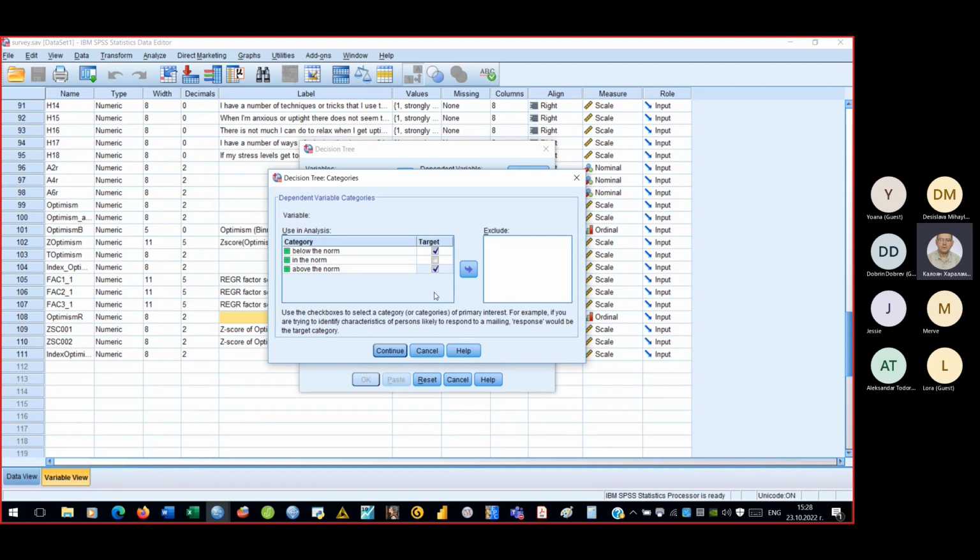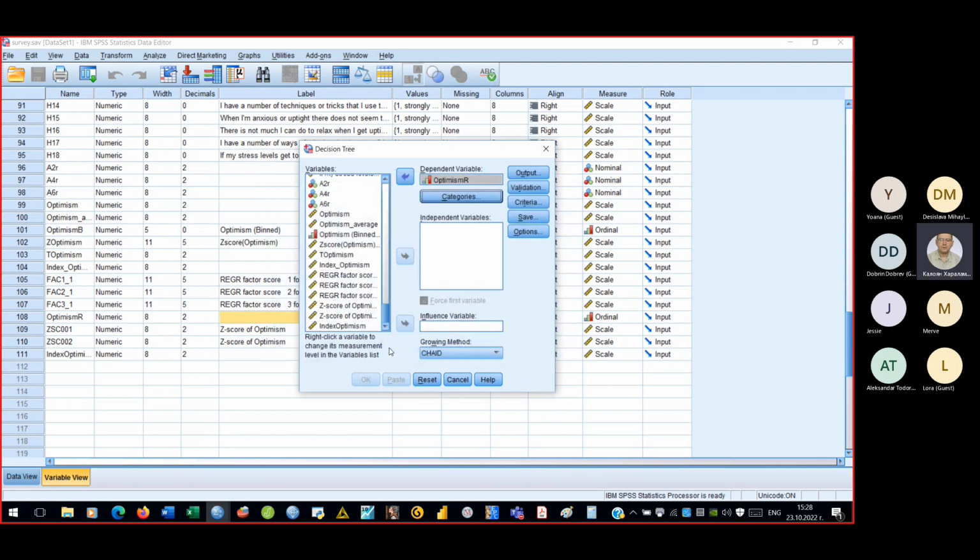They show how many people are outside the norm. I will target them, and then here I will move all independent variables together. And independent variables are these variables: gender, age, marital status, education, and so on, to how many cigarettes per day.